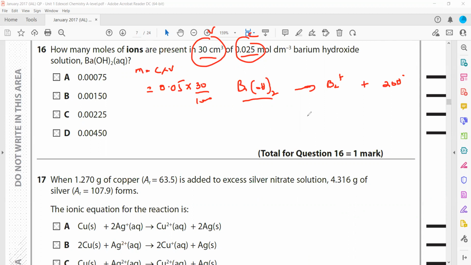And after getting the moles of barium hydroxide, what is the ratio between the molecule and the ions? If one molecule, how many total ions? One barium ion and two hydroxide. So 1:3 is the ratio.